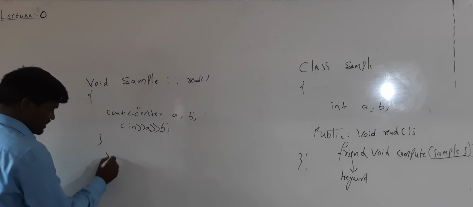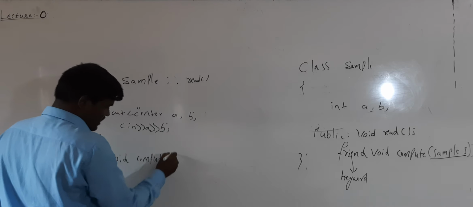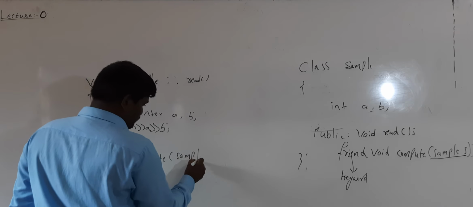Next the friend function: I write void compute, and I will explain after writing.